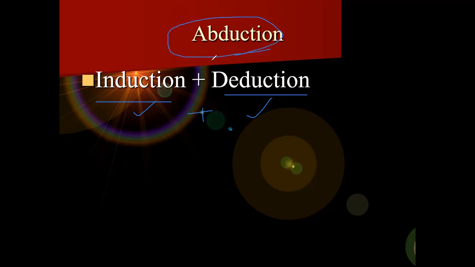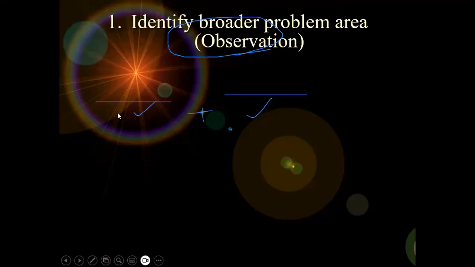So induction is a theory generation process, deduction is a theory testing process, and abduction is the combination of generation and testing of the theory. I hope you have got the idea of the difference between induction, deduction, and abduction. Thank you so much.